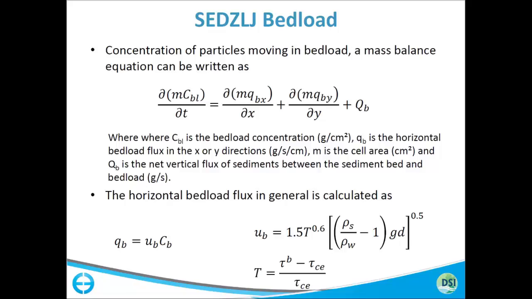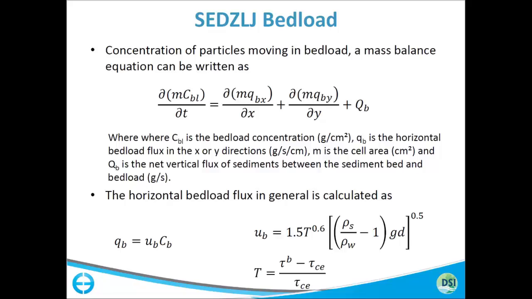And let's see here, a few others. This T is the same variable ID, but it's a different definition. This is a transport parameter now, instead of in the earlier slides where we were using T as the thickness of the bed. Here T is this transport parameter used in the equation for calculating your bed load velocity.